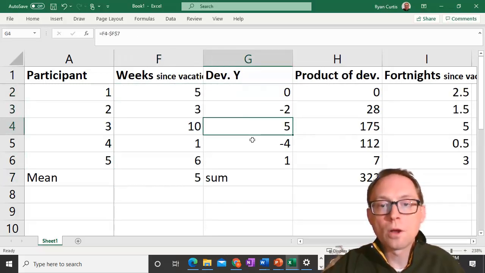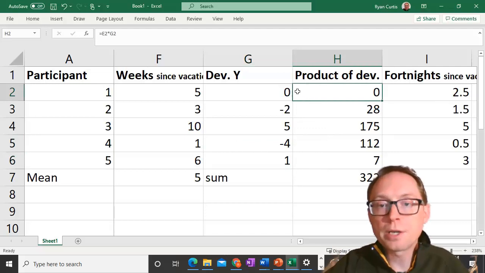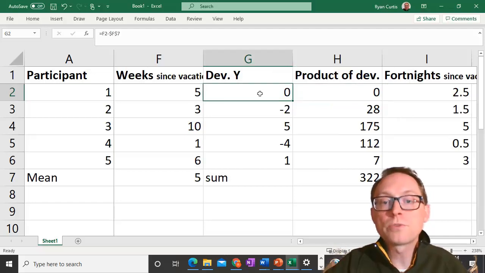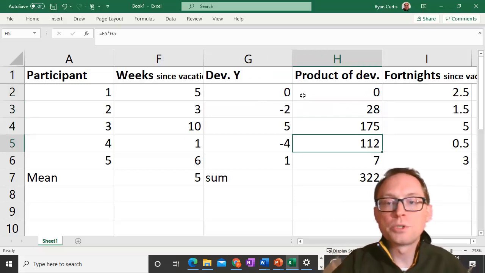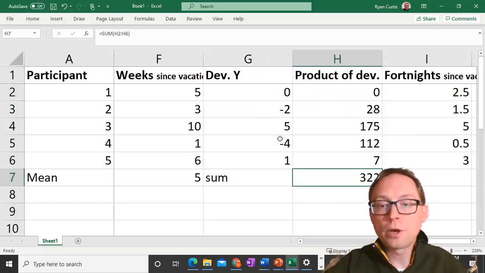Then we took each of those and multiplied them for each person. So this product of deviations is the deviation in days times the deviation in weeks for each individual, for participant 1, participant 2, 3, 4, and 5. Then we added them all up, and we got 322.